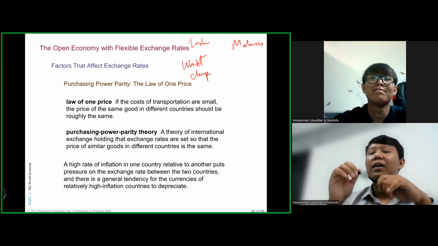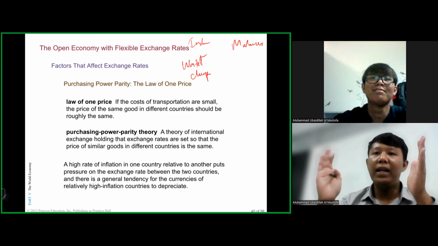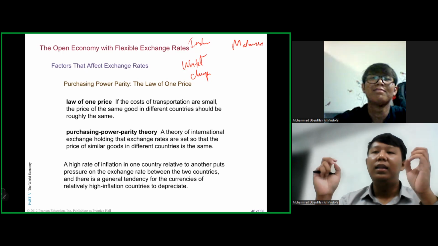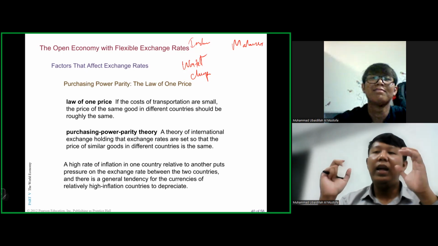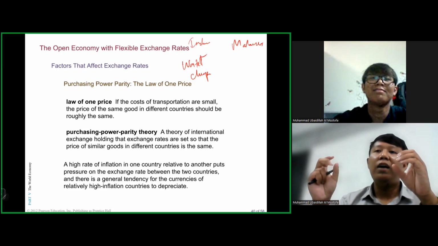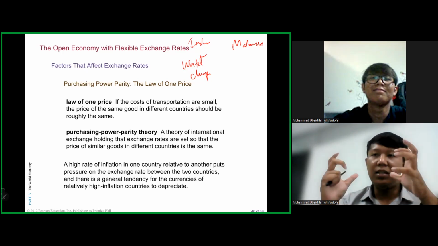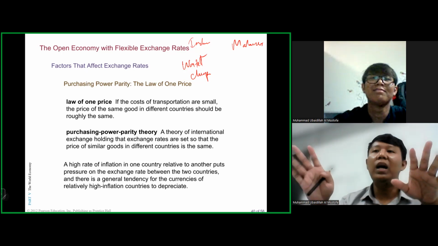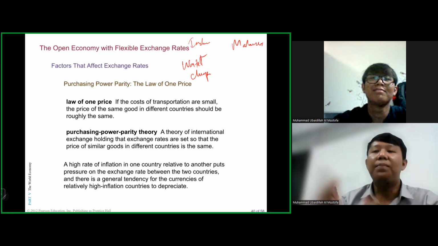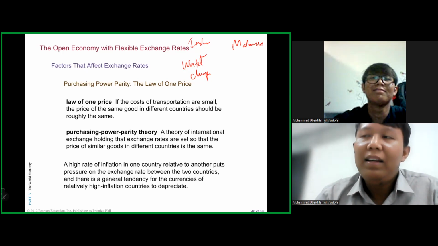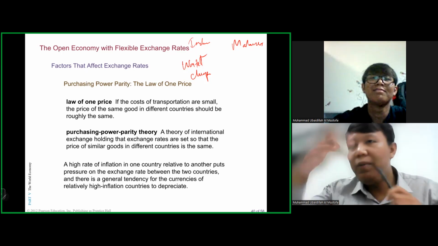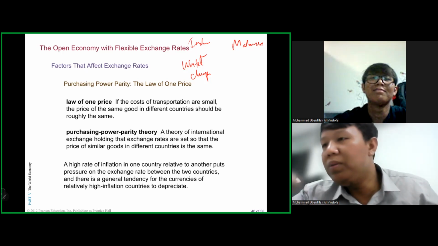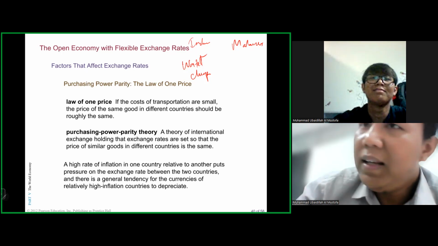So that's why, according to purchasing power parity, the exchange rate is a factor which adjusts the prices of the same good in different countries to be roughly the same. We will explain this in more detail in the next slides.